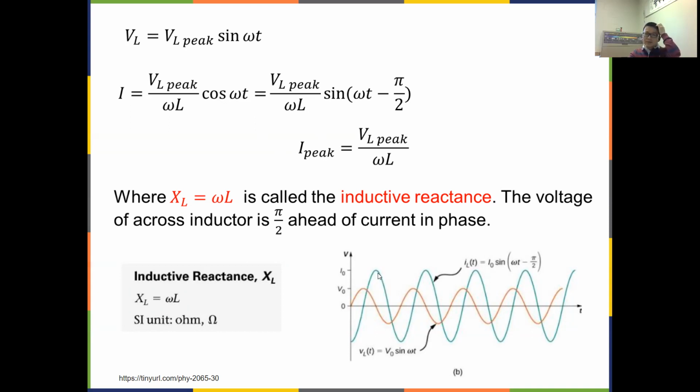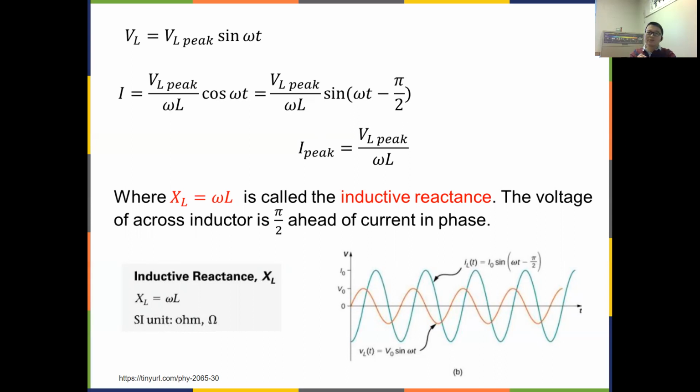All right, so the inductor reacts to the applied AC signal similar to how a resistor reacts to the signal. But not exactly, because the current and the voltage do not peak at the same time. They have a phase shift.